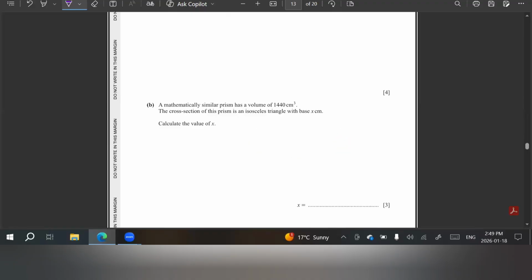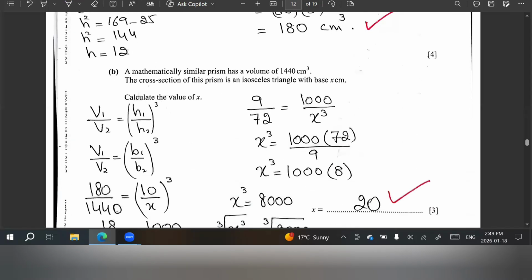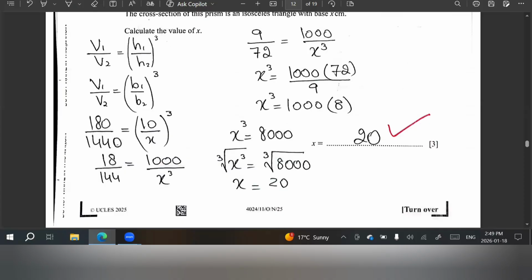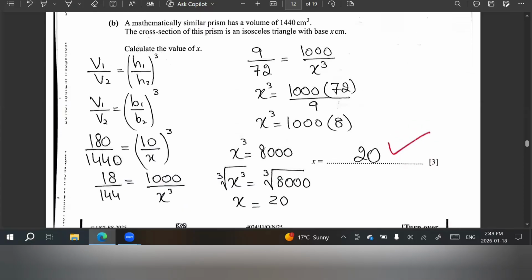So I can very easily solve this. Volume 1 by volume 2 will be equal to height 1 by height 2 whole cube. Or you can say volume 1 by volume 2 will be equal to base 1 by base 2 whole cube.